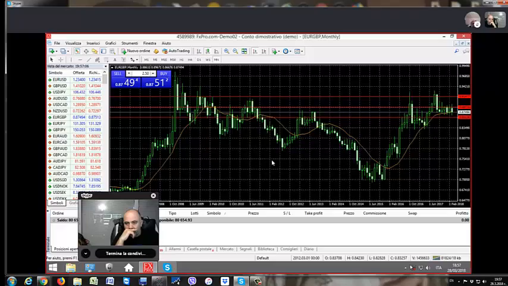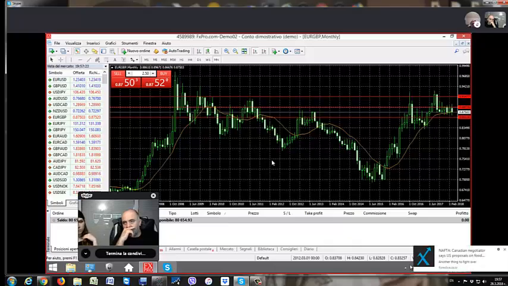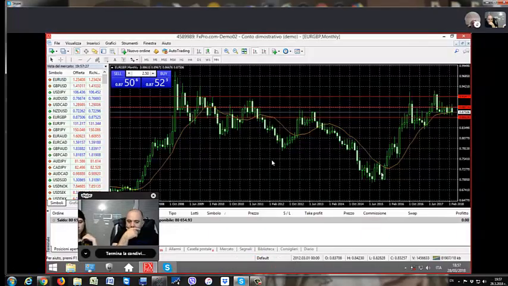In other case, we have a euro that's getting power on yen. This is the proof that what is moving the market in the last 1 year are only the arbitrage. Take a look.